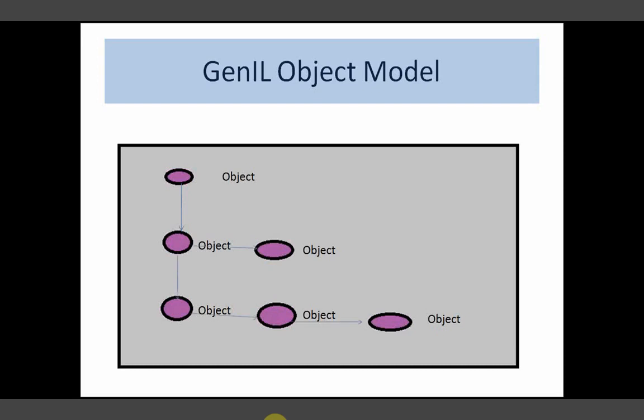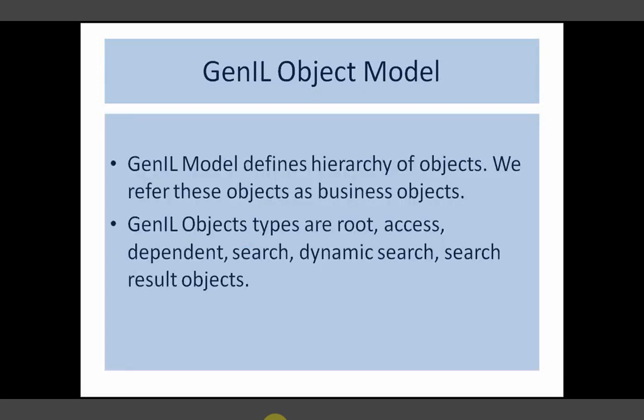This is just a pictorial representation of objects communicating with each other through relations. As I told you, the object model defines a hierarchy of objects. We refer to these objects as business objects, since they contain the business data.